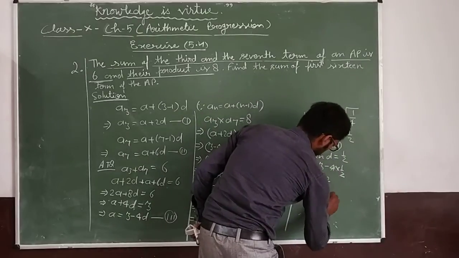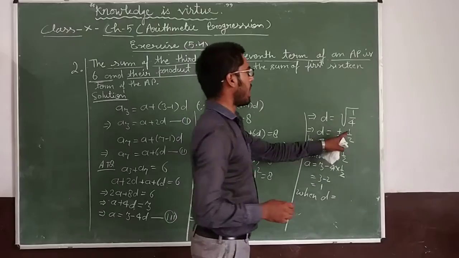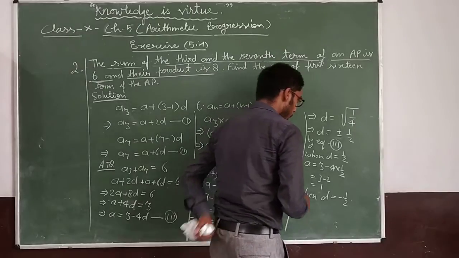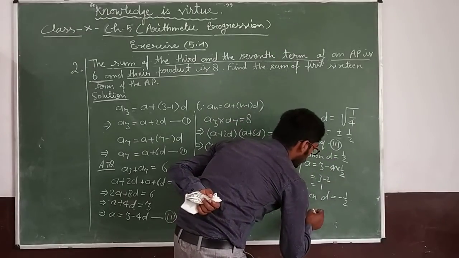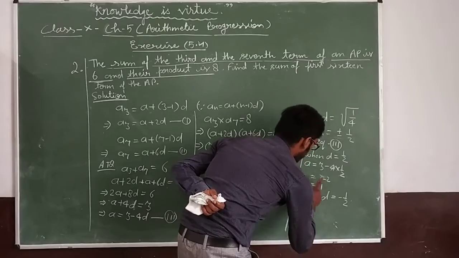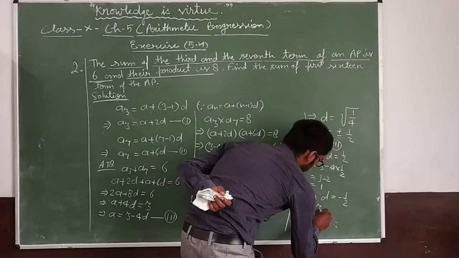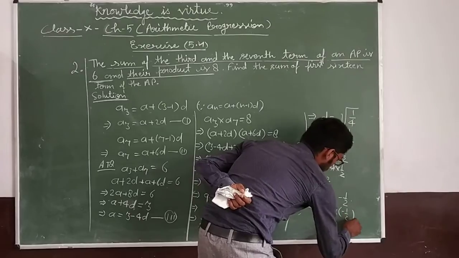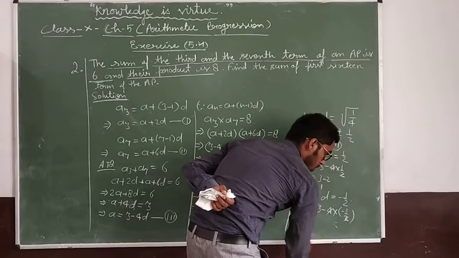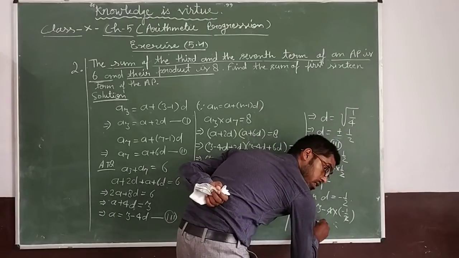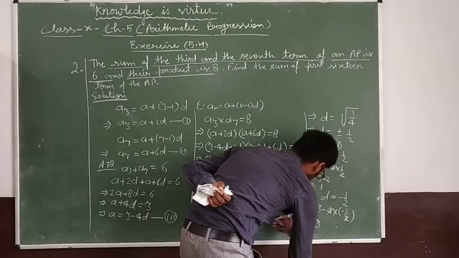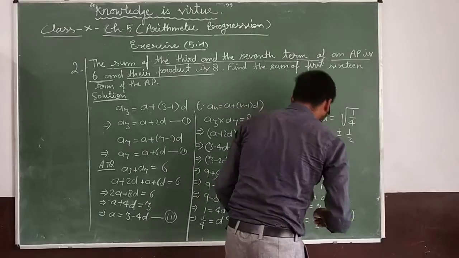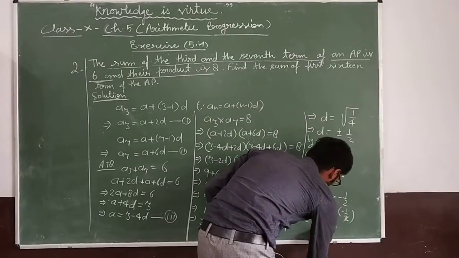When you take the value of D as minus 1 by 2, then by equation third, A is equal to 3 minus 4 into D, which is minus 1 by 2. Again 2 2s are 4, 3 plus 2, then you will get 5.